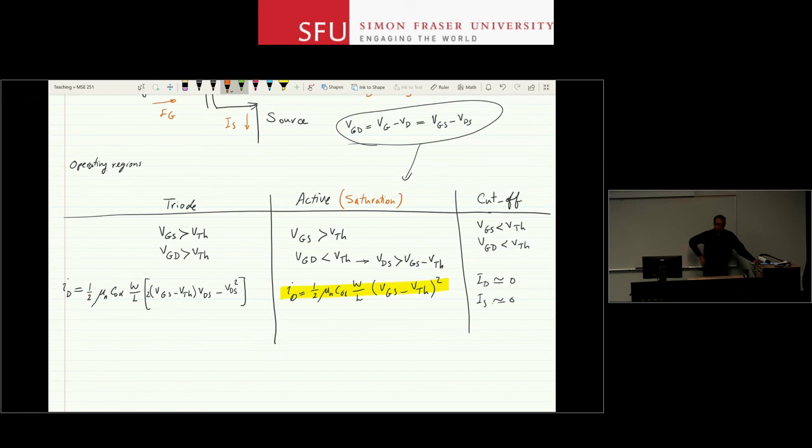And that super fast increase in current means that you're super sensitive to changes in VBE, especially when compared to a quadratic relationship like this. And what that translates into is that you get more gain out of a BJT than a MOSFET for similar conditions and situations. Nonetheless, MOSFETs are the dominant devices nowadays.